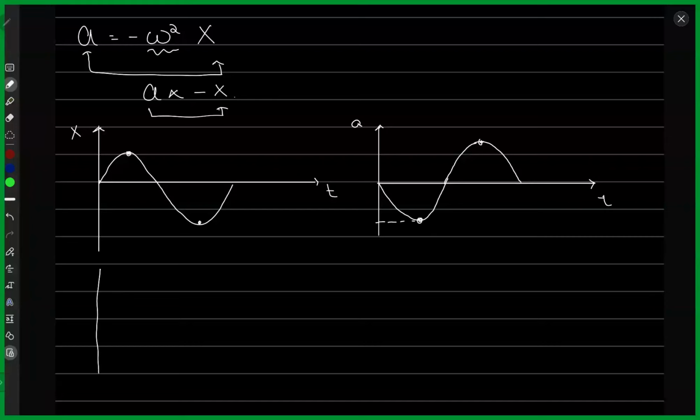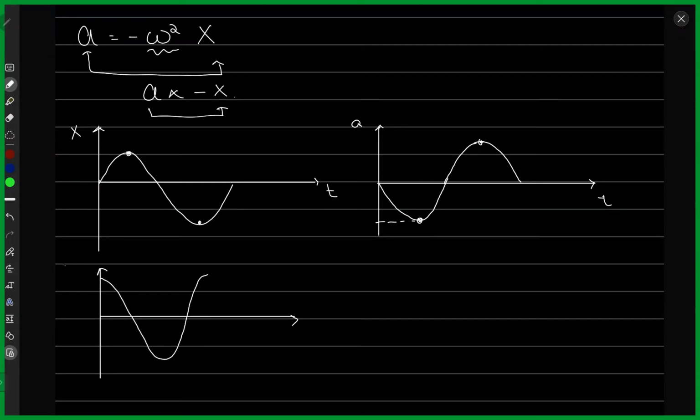Similarly, if the displacement time graph was a cos function that looked something like this, then the acceleration time graph corresponding to this one would be a negative cos function. So if it's starting at a maximum over here, now acceleration would start at a minimum and it would look something like this. So the minimum of this thing would be the maximum in the acceleration, like this.